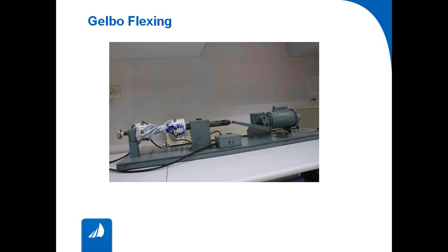Gelbo flexing, I mentioned that we need to flex material. Now, how is it going to be actually flexed in the application? We really don't know. So what we do is that there is this instrument. This instrument is as per ASTM, American Standard of Testing, and when it runs, it keeps on flexing, and the two jaws go close by and it rotates also.